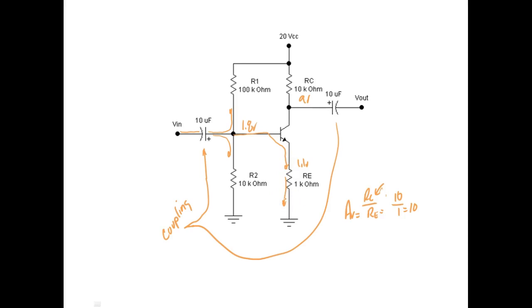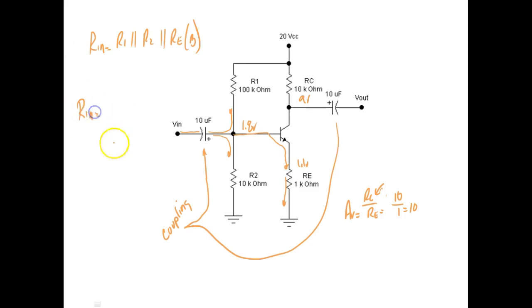So mathematically, if we wanted to calculate the input resistance, then Rin would be equal to R1 in parallel with R2 in parallel with RE times beta, the beta of the circuit. It's not really involved that much.